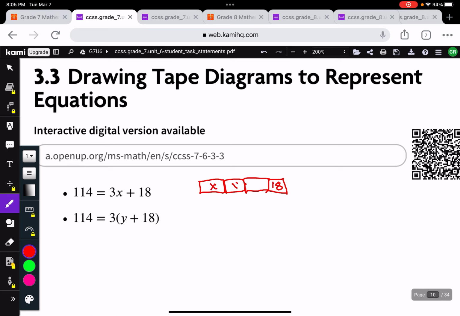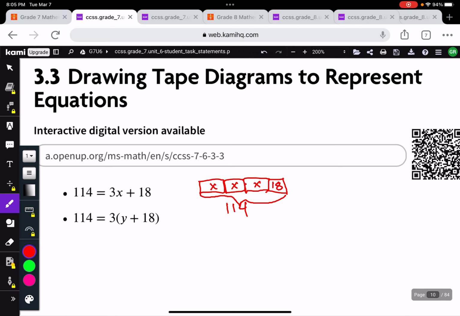That's an x, that's an x, that's an x. I have 3 x's. And all of that's going to be equal to 114. So there is my first tape diagram.